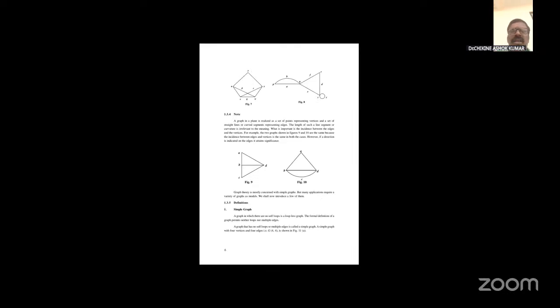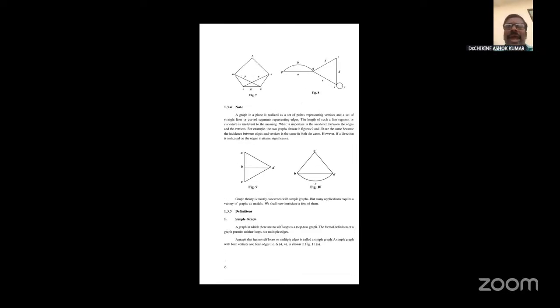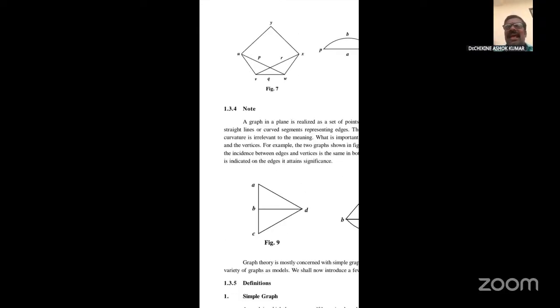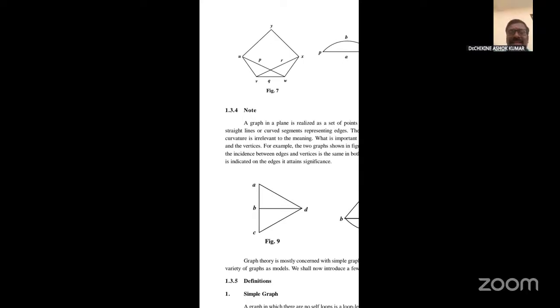Sorry for the disturbance. Here, P and Q are adjacent edges, but P and R are not adjacent edges. Why? Because P and R are intersecting, and the intersection of two lines does not come under adjacent edges.